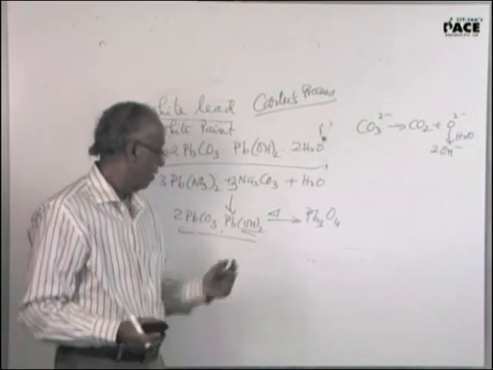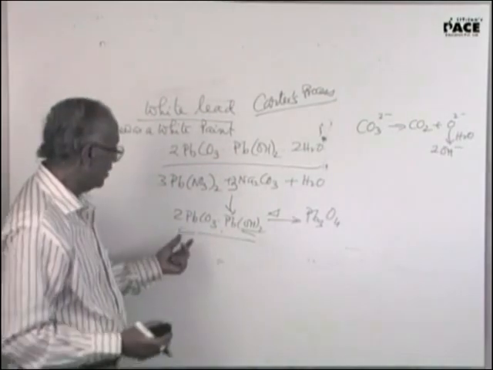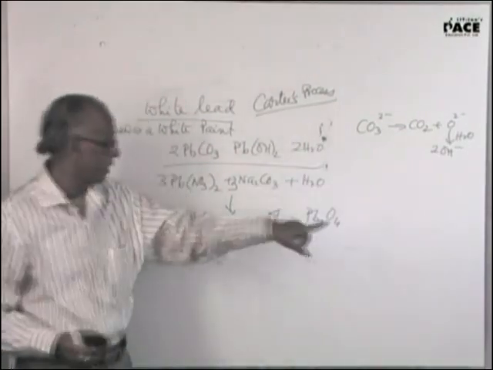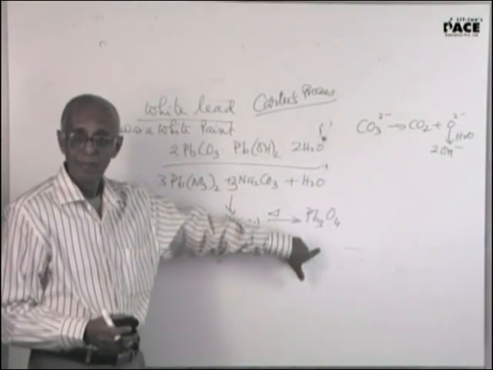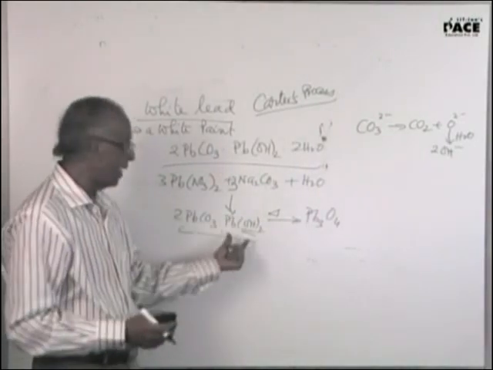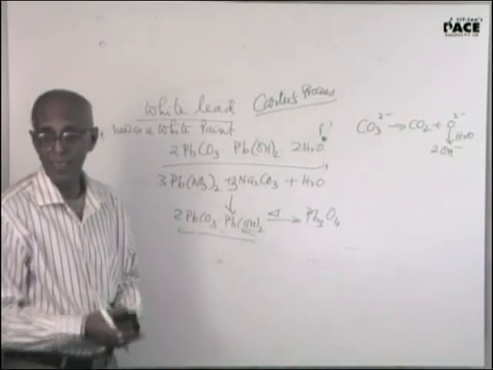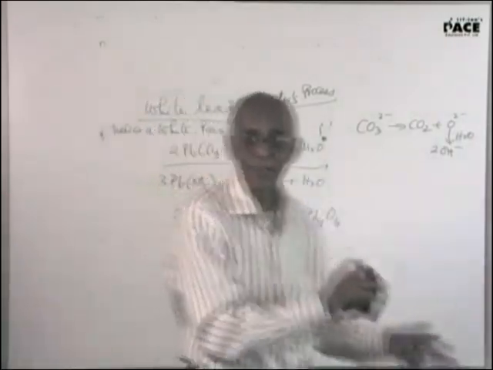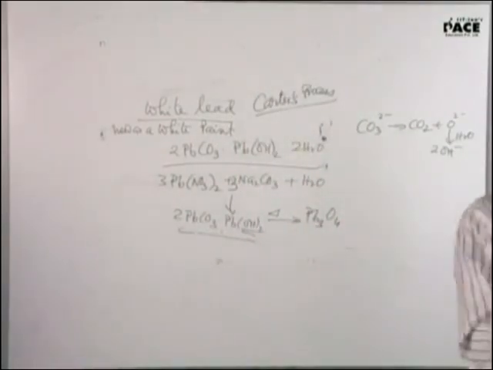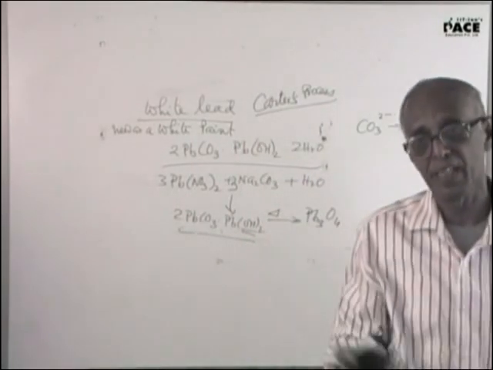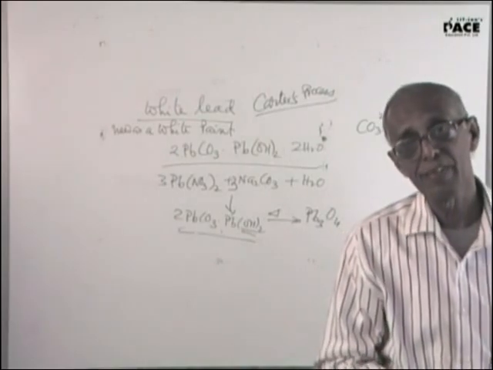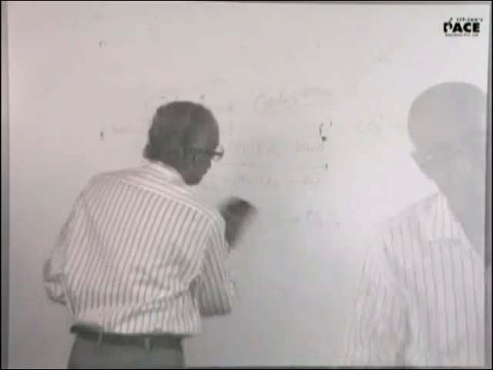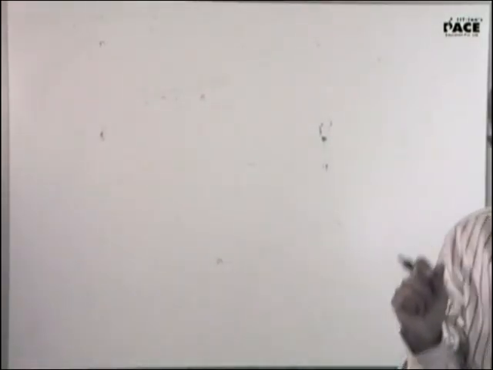Since lead monoxide on heating gives red lead, and the lead hydroxide will give you water and lead monoxide, you will have carbon dioxide, water and red lead. The white color will change into scarlet color, and that's an indication that red lead has formed.